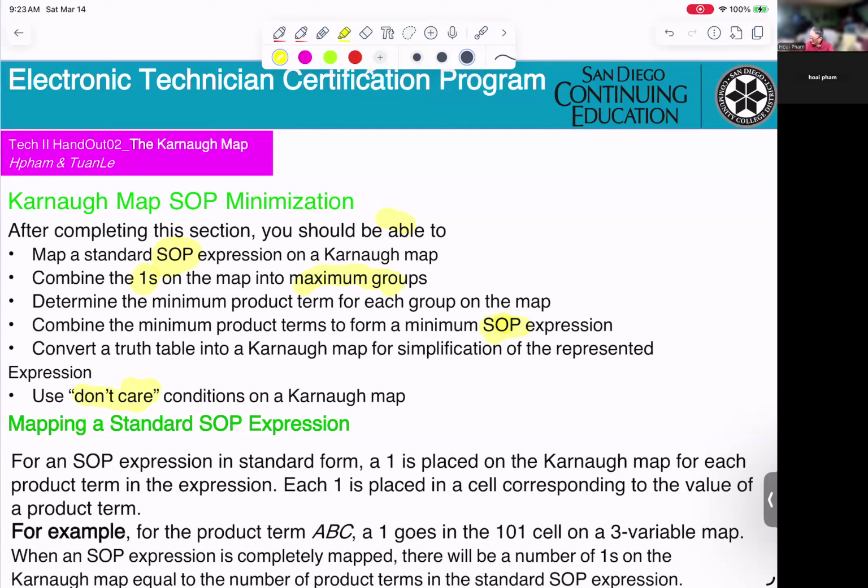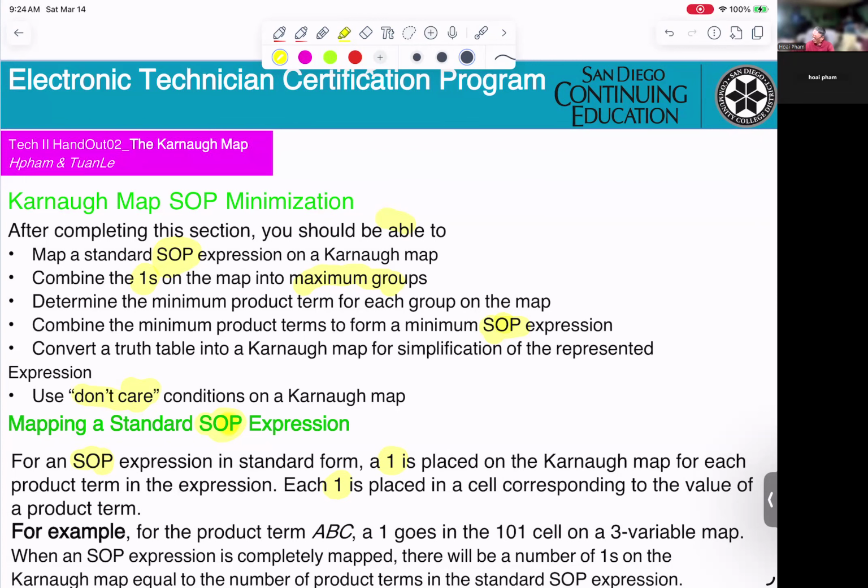Mapping a standard SOP expression: for a sum-of-product expression in standard form, a 1 is placed on the K-map for each product term in the expression. The 1 is placed in the cell corresponding to the value of the product term.